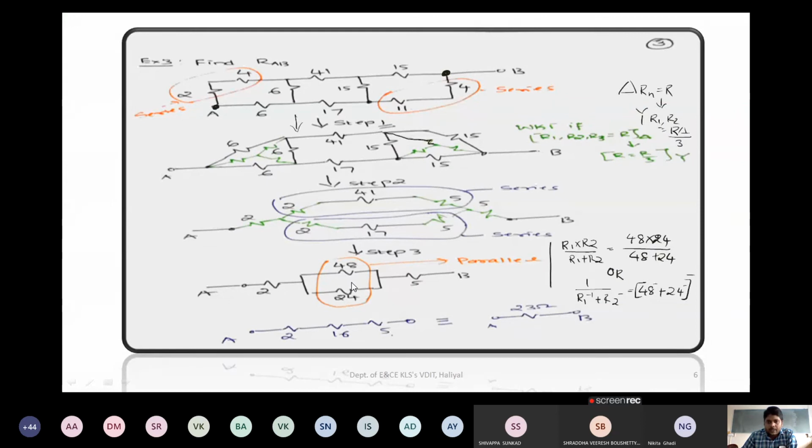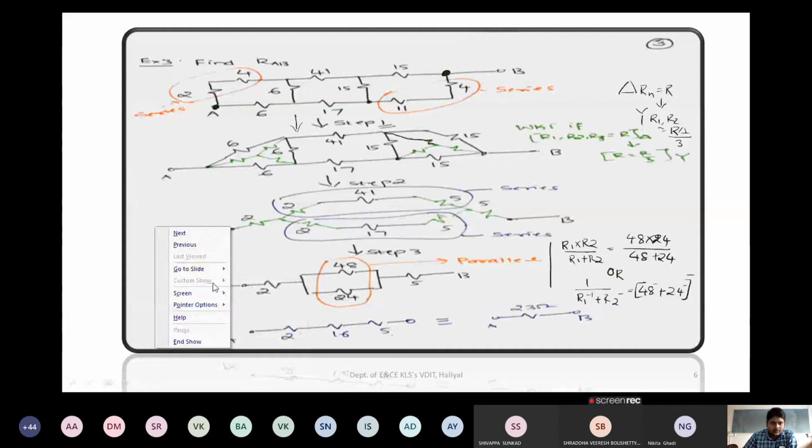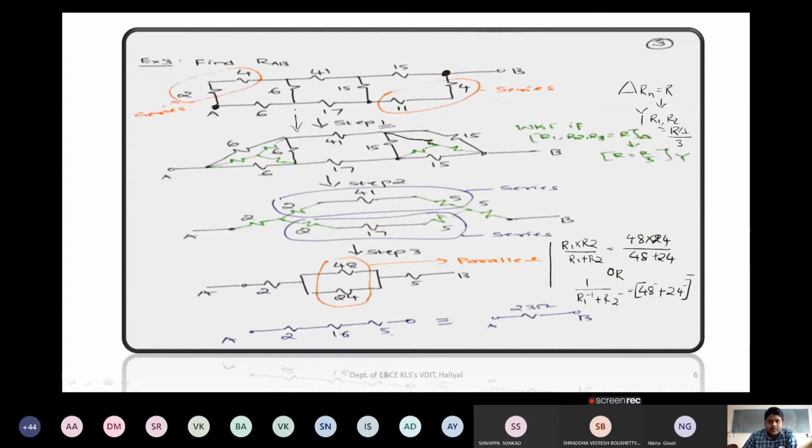Okay, so I stopped at this problem, so I will just recollect this. If you look at this entire problem, you can add these two things because they are in series. 4 plus 2 is 6 and 4 plus 11 is 15.